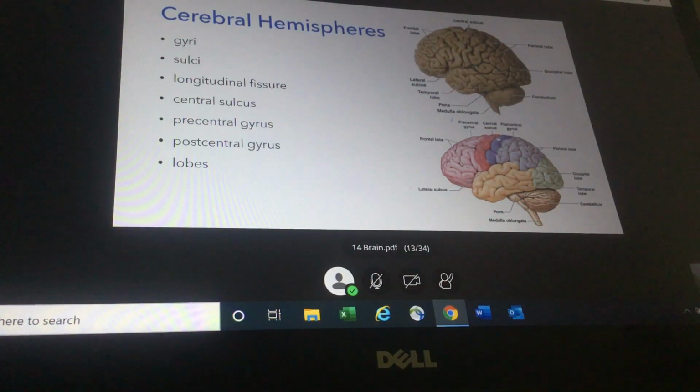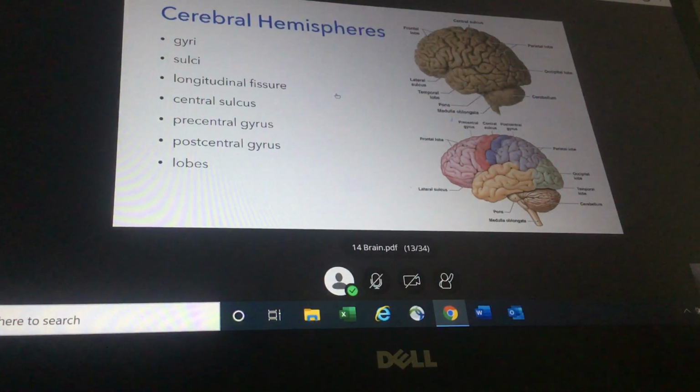What we do see is a sulcus that comes right down the middle called the central sulcus. You can see it up here on this brain up here. It's really like the only sulcus that goes all the way from the top center, longitudinal fissure, all the way down to this little side sulcus called the lateral sulcus. It's the only one that goes all the way down or almost all the way down.